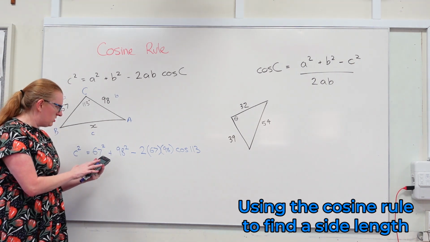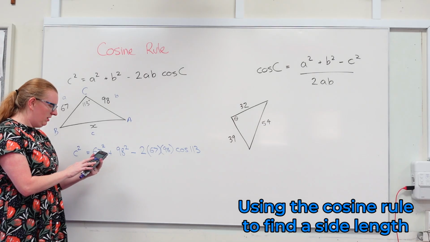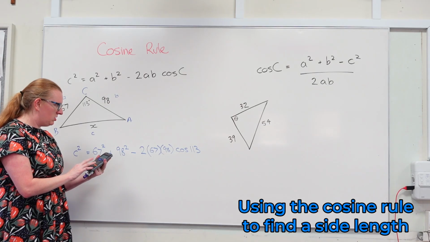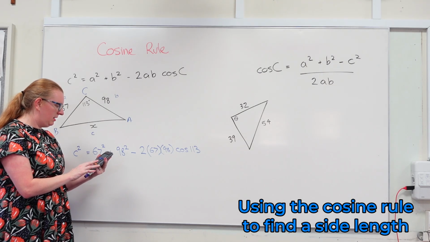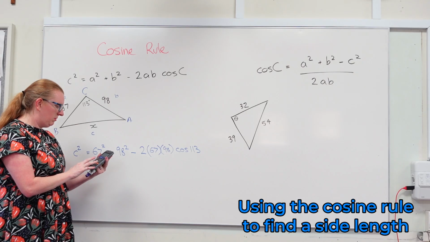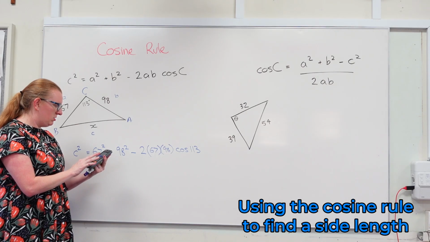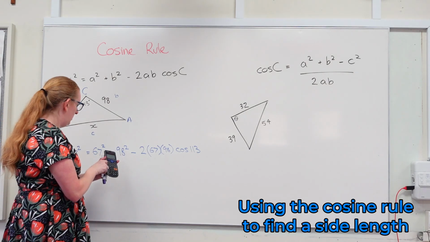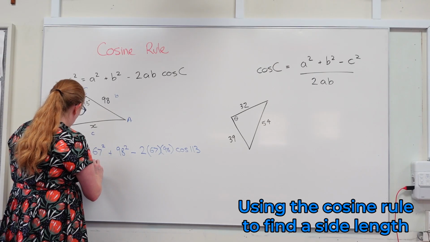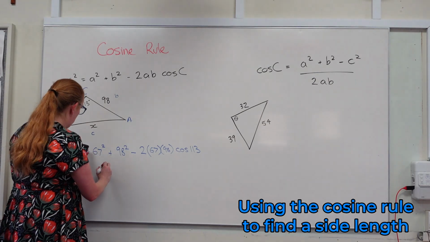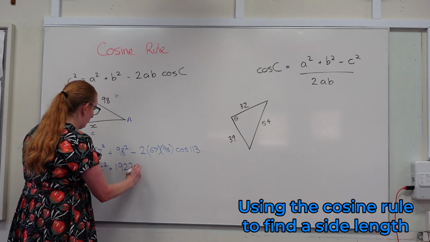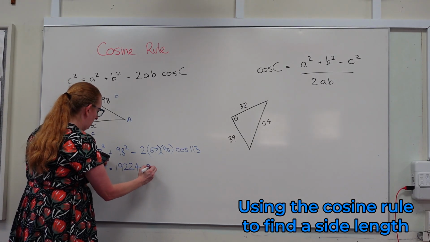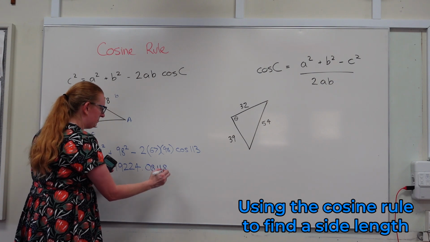So 67 squared plus 98 squared minus 2 bracket 67 bracket 98 close bracket cos 113 close our bracket, and we get c squared equals 19224.08118.